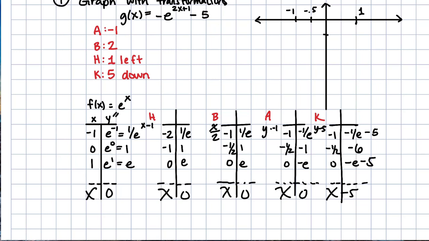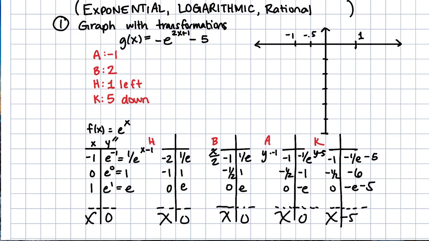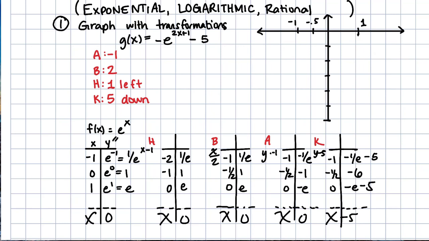Okay, and then we'll scale the y-axis at 1 unit. And I might even want to give myself just a little bit more room than this to graph it. It looks like that's going to be kind of close to the bottom of the graph.